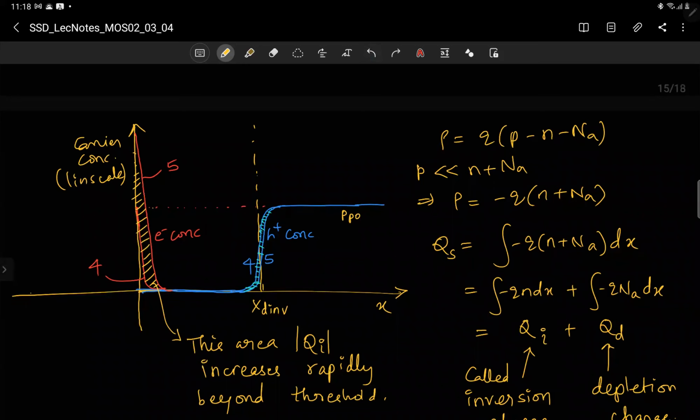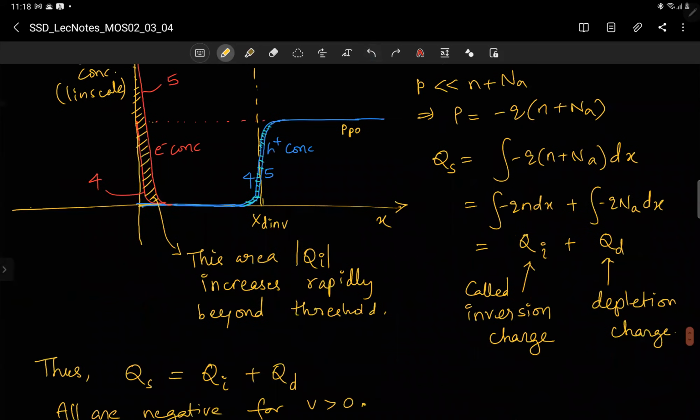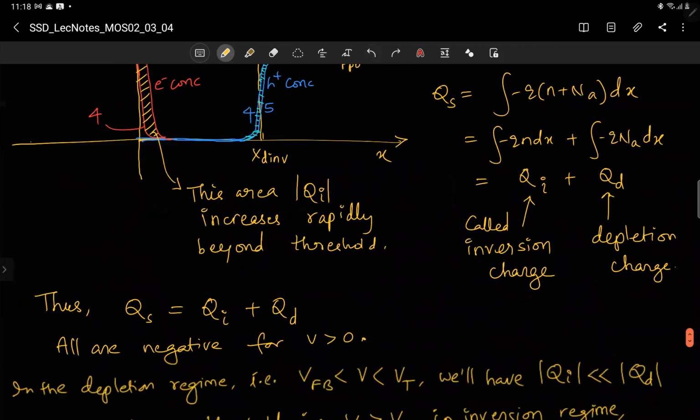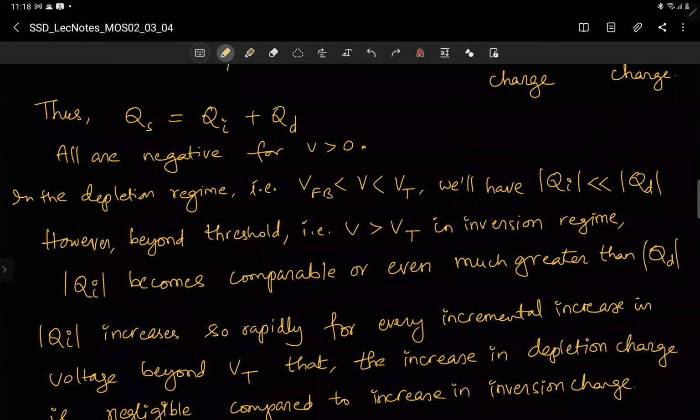However, beyond threshold, that is V greater than VT in the inversion regime, mod Qi becomes comparable or even much greater than Qd, depending on how large a voltage you apply beyond VT.